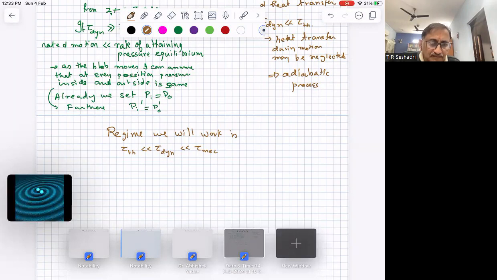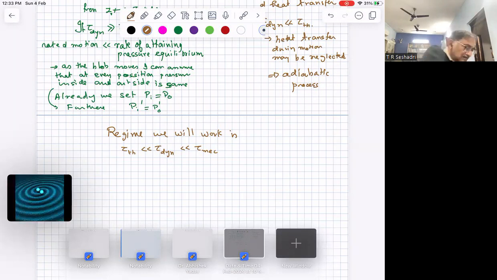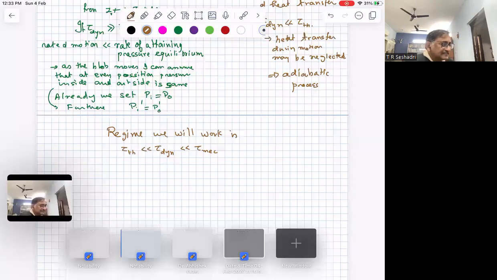I think in here the sign has to be changed. Here, why? Mechanical takes less time, which is what we argued before. No. Mechanical time scale is the time scale over which pressure equilibrium happens. Okay, I understand what you are saying. I'm sorry.